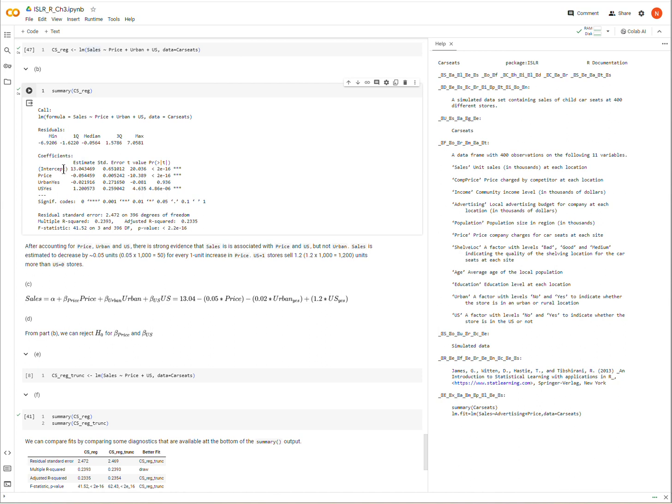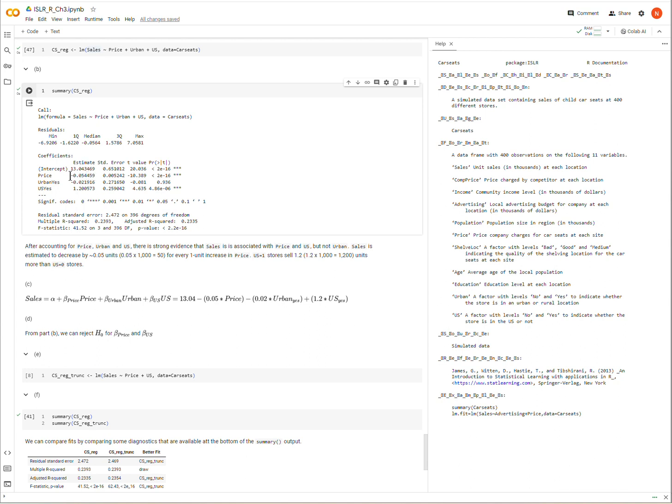So we see that price and US have significant associations with sales, and urban does not, apparently. The estimate of those associations is given here.